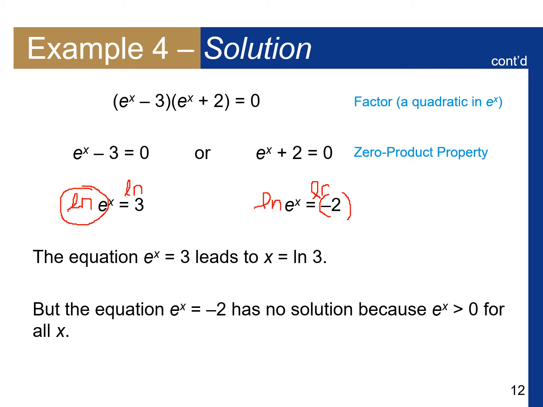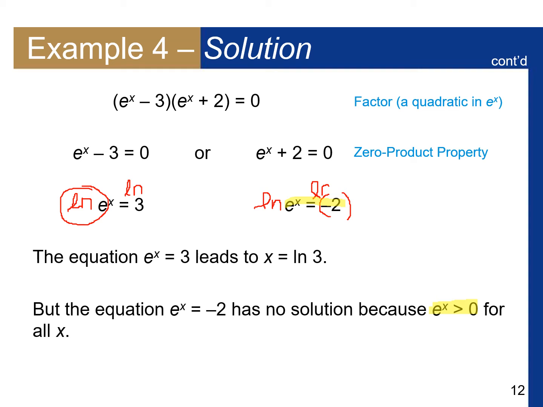Now we see that we could have recognized this first. I didn't catch it. But here we have e to the x equaling negative 2, and that doesn't have any solution because we know that e to the x has to be bigger than 0. So this one just has no solution.